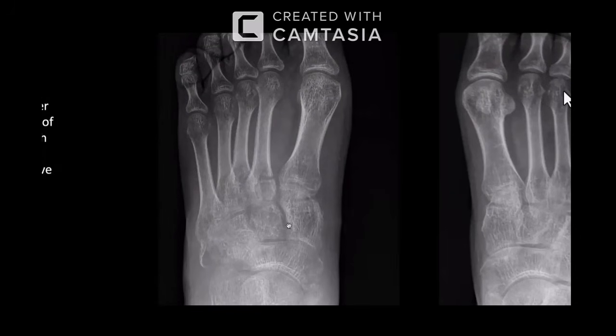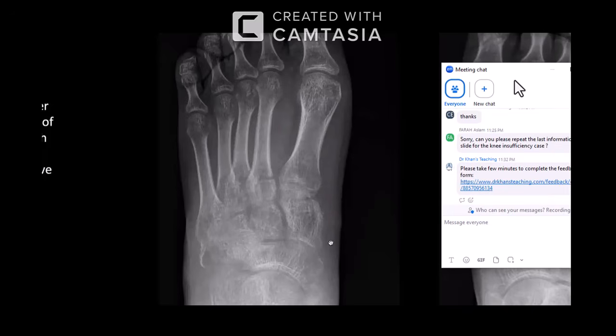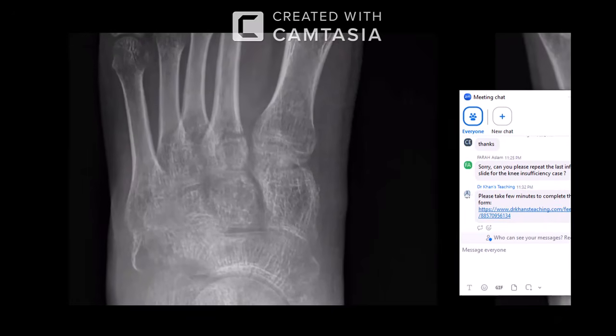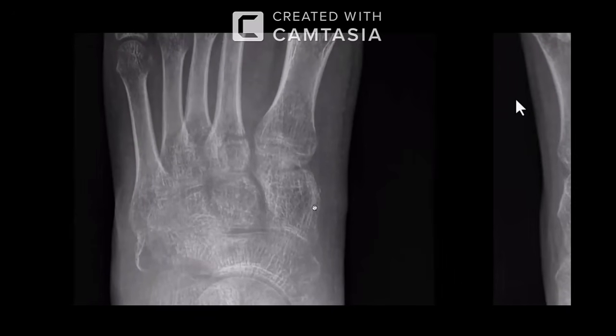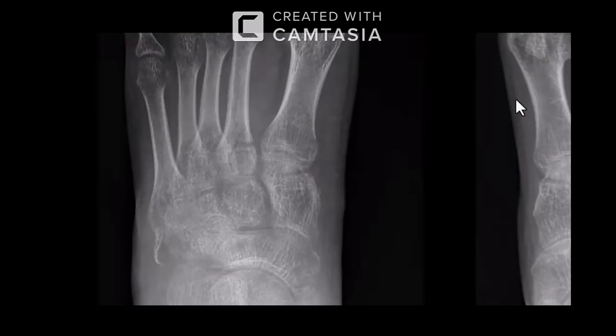The medial and lateral cuneiforms, cuboid and the navicular bones all have osteopenic changes with some fractures. You can actually appreciate some small fractures also in the medial cuneiform. In these ones, some cortical irregularities are there.